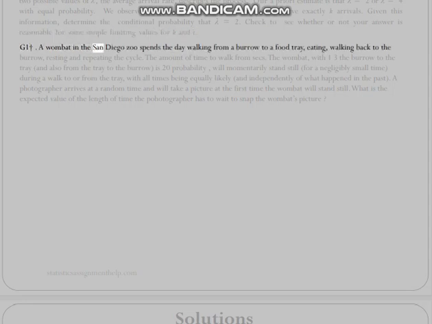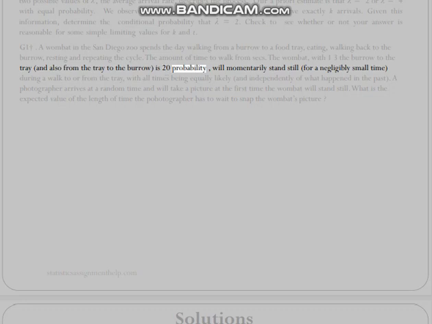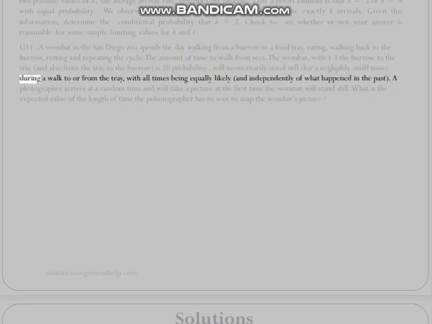6. A wombat in the San Diego Zoo spends the day walking from a burrow to a food tray, eating, walking back to the burrow, resting, and repeating the cycle. The amount of time to walk from the burrow to the tray, and also from the tray to the burrow, is 20 minutes. With probability 1/3, the wombat will momentarily stand still, for a negligibly small time, during a walk to or from the tray, with all times being equally likely, and independently of what happened in the past.